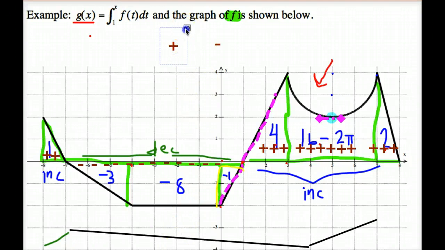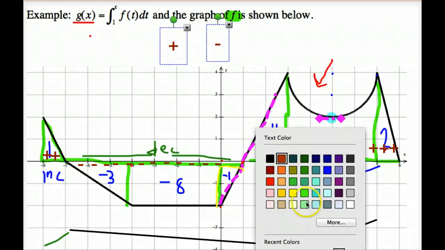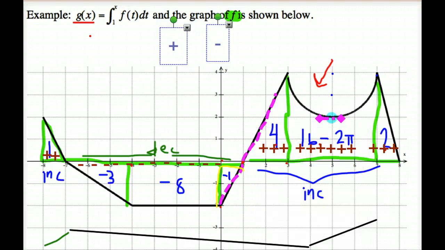Well, let's go ahead and change these colors, because we can use these to label our slopes. Let's use this color. Couldn't we label our slopes? And our slopes tell us about concavity.